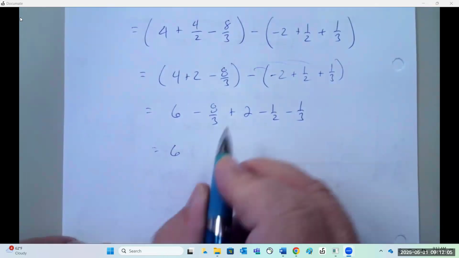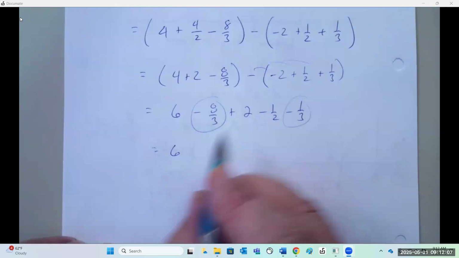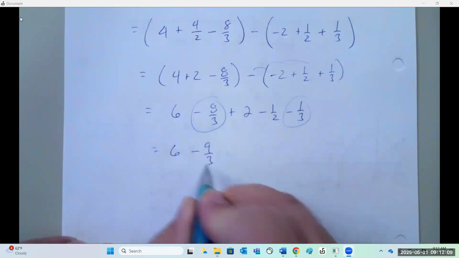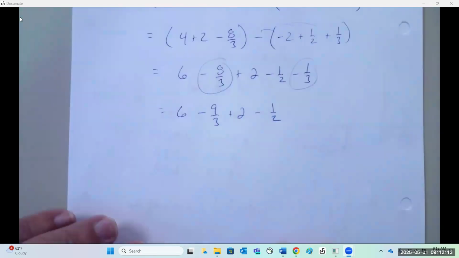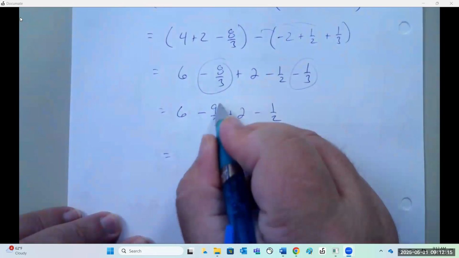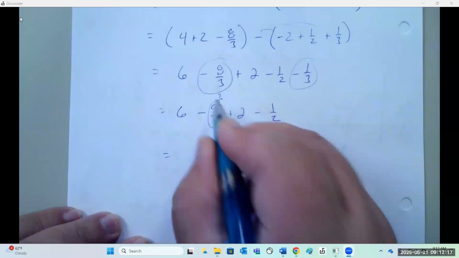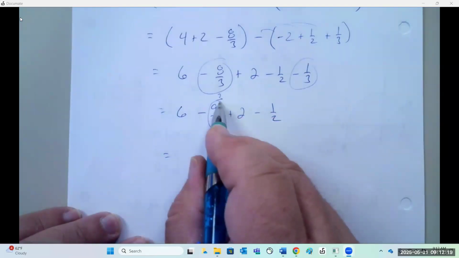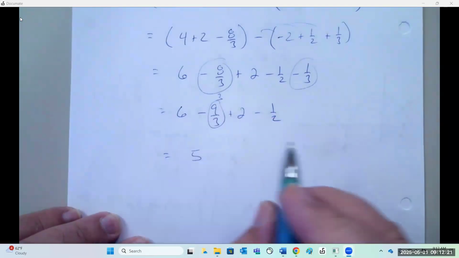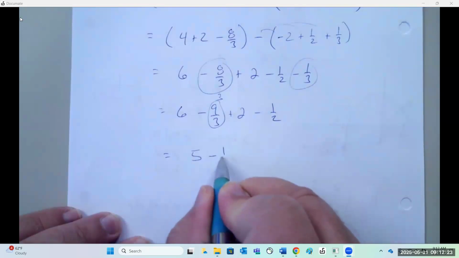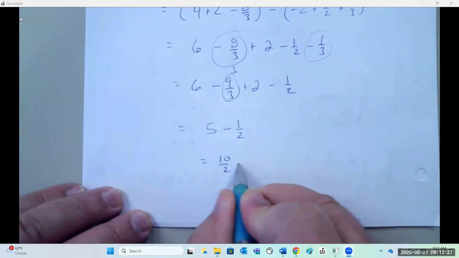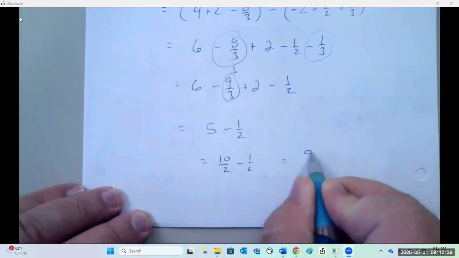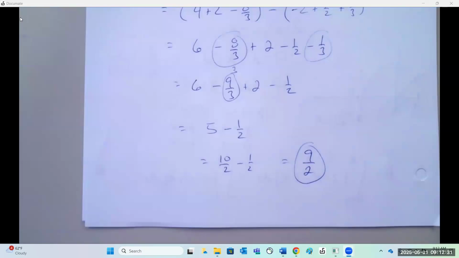So we have 6 minus 8/3 minus 1/3, which is minus 9/3, plus 2 minus 1/2. 9 over 3 is 3. 6 minus 3 is 3. Plus 2 is 5. Minus 1/2, so it's 10 over 2 minus 1/2, which is 9 over 2.